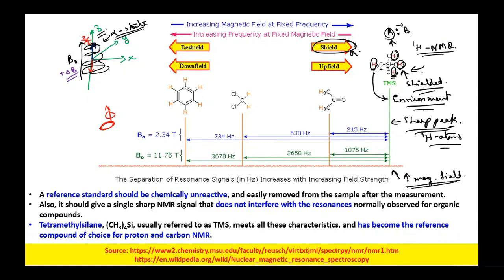It will be 12 times, because we have 12 hydrogen atoms, so we will get a very sharp and very intense peak for the TMS. And due to this reason, since TMS is highly shielded, we take it as an internal standard.